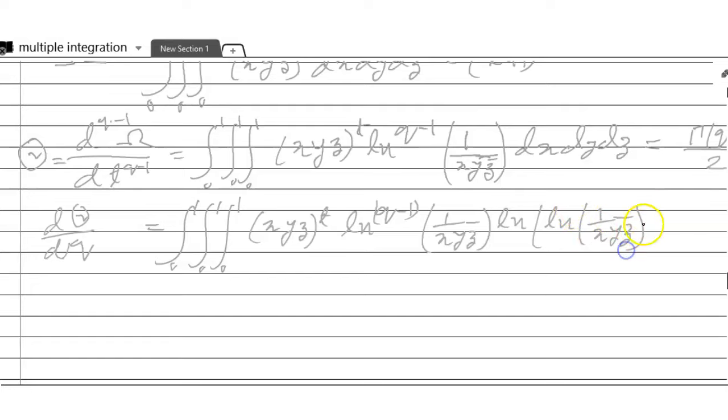So friends, how does it come? Because it is the derivation. Take ln q minus 1 of 1 by xyz. It can be ln equal to t.